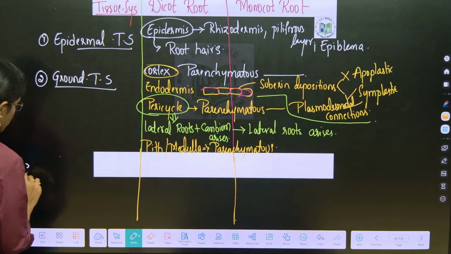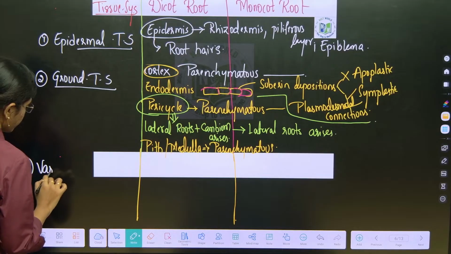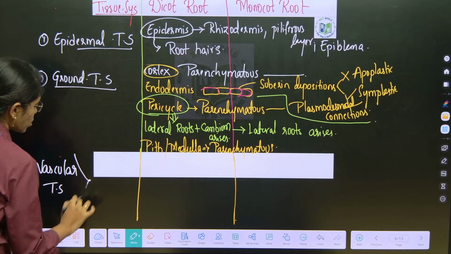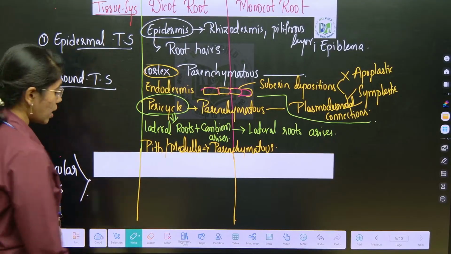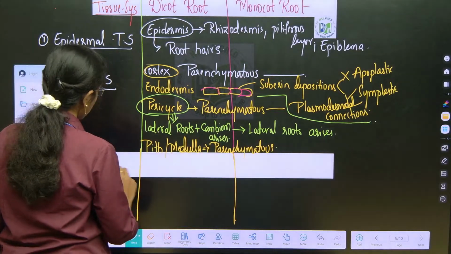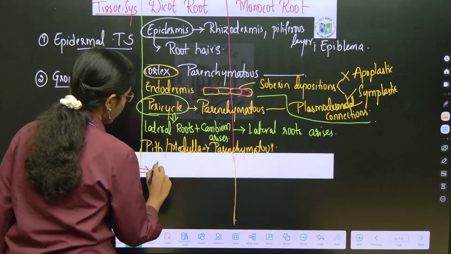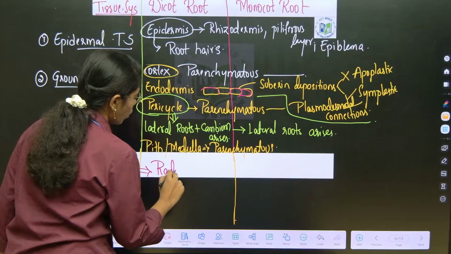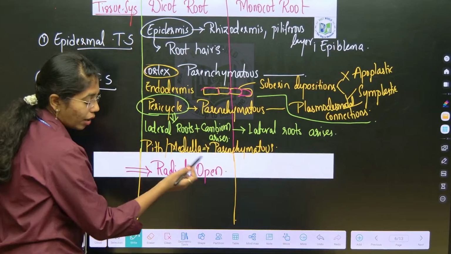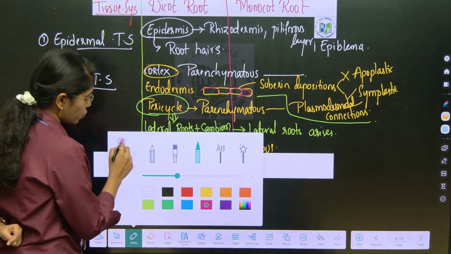Third is the vascular tissue system. This includes only vascular bundles, we know that, but what type of vascular bundles are present in the dicot root? We have learned, right? Radial and open type of vascular bundles. And how is the open type formed?